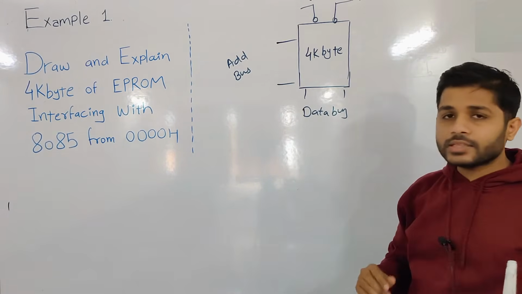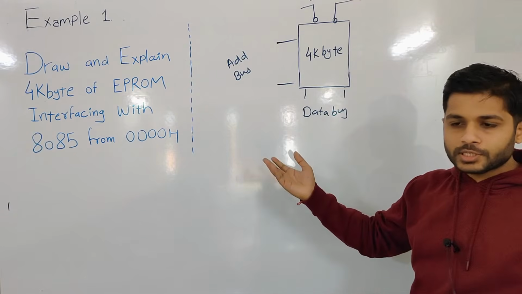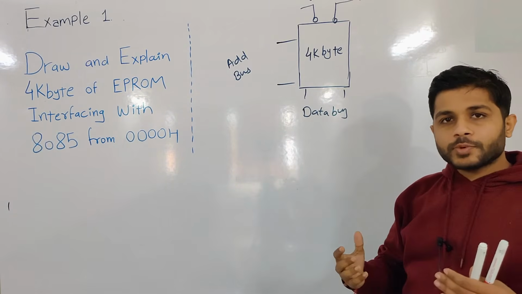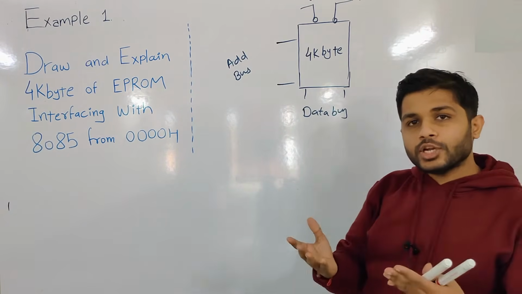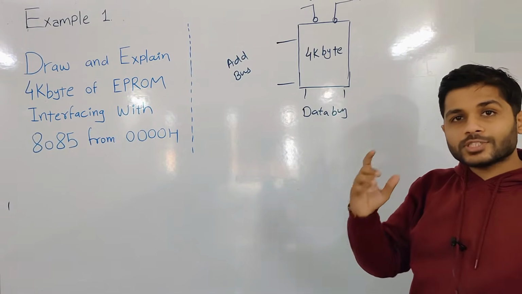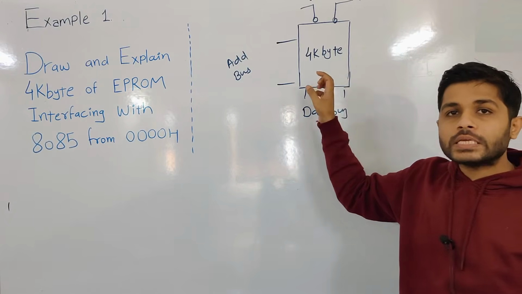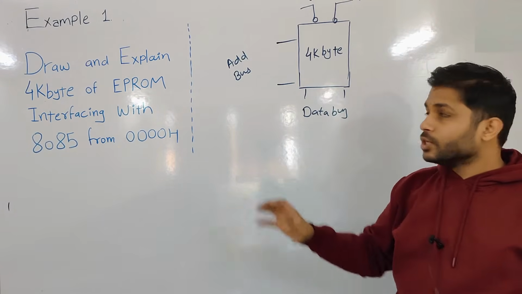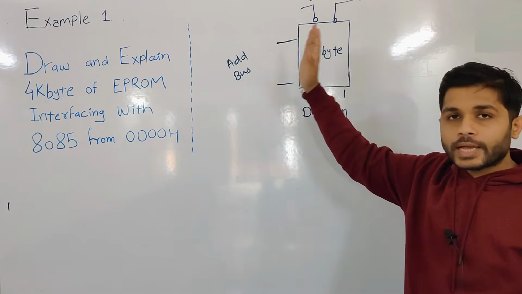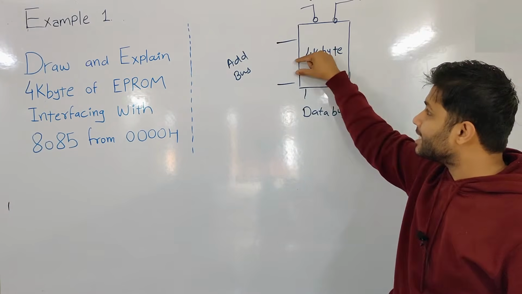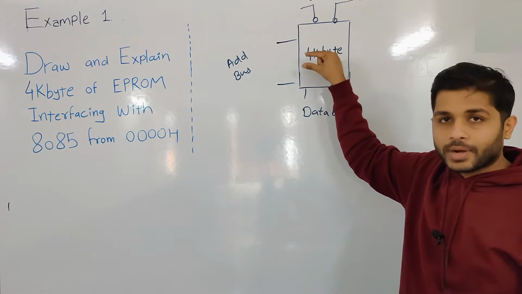The next thing that you can see on the chip is the address bus. What is the address bus? Using the address bus, the processor will send an address value, and can select a particular address location within a memory. When the processor sends any value to the address bus, that location will be selected on the memory.